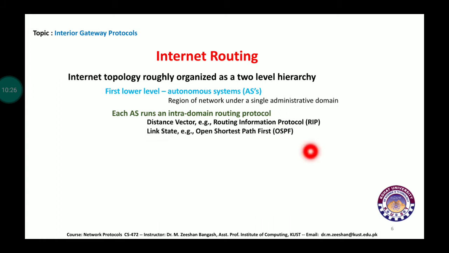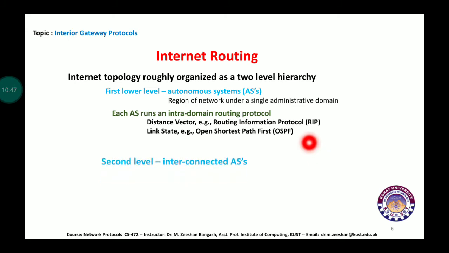There's another type of protocol that works on a different criterion. That's the link state routing protocol, and a perfect example is OSPF, which falls into this link state category. So what is the difference between these two? We will be discussing it in the upcoming slides.